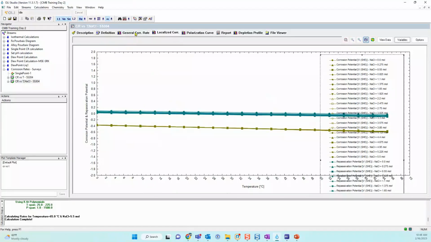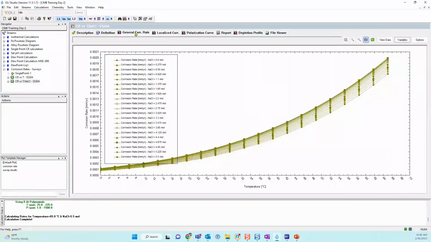So if I go back to the general corrosion rate, and I want to really see this more like a matrix, you will see that to the right, where it says options, variables, view data, you also have these icons. And there is a contour plot type of icon.